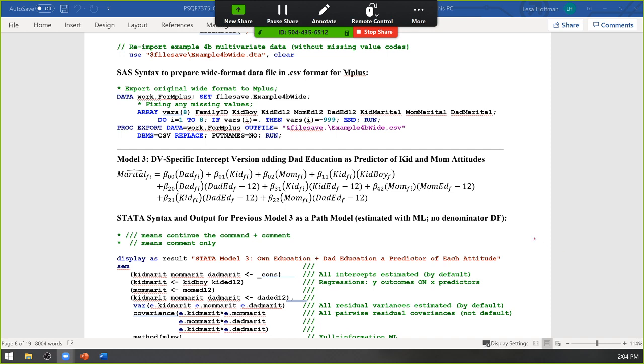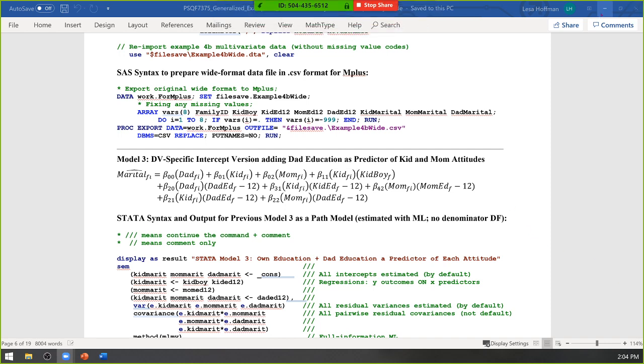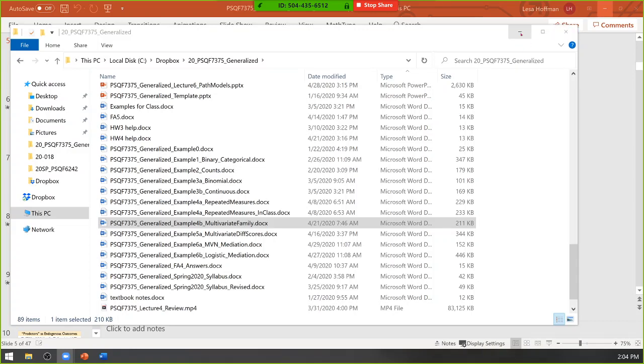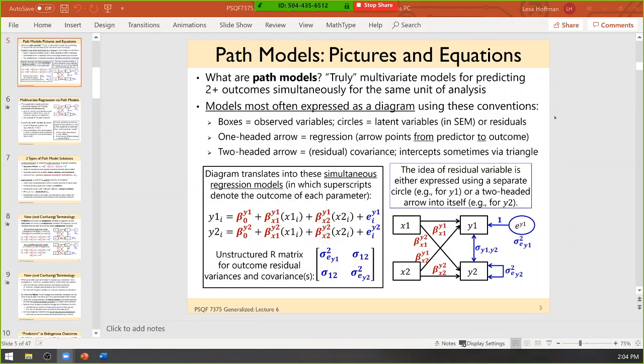All right. So we started talking about path models last time. What do you remember about path models, like these things? Pictures. There's pictures, yeah. So what does it mean in the picture if you see a square?